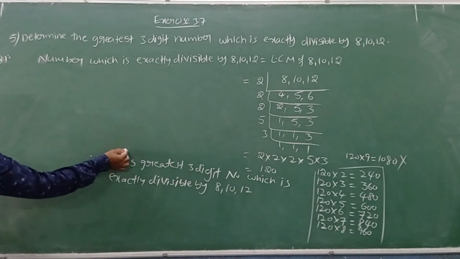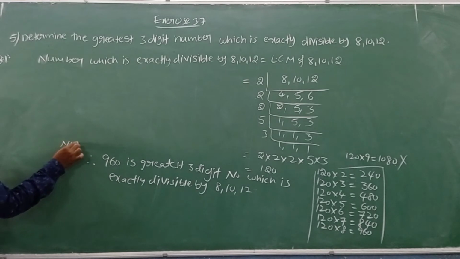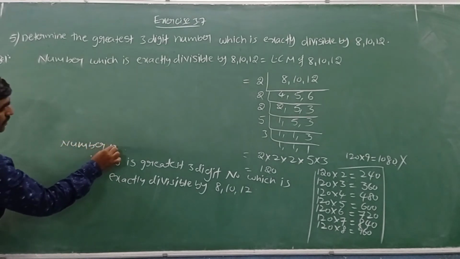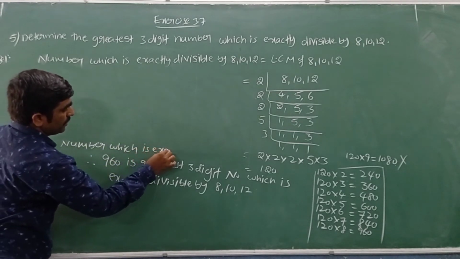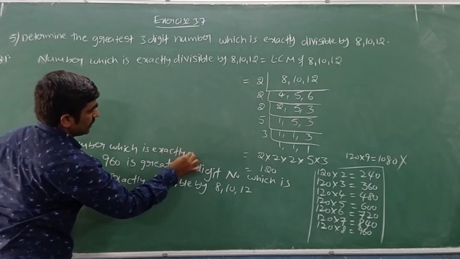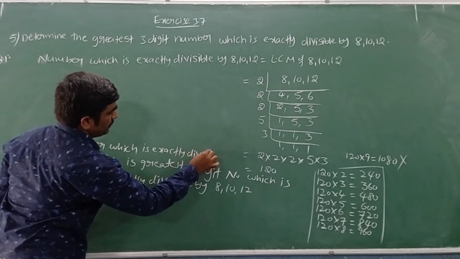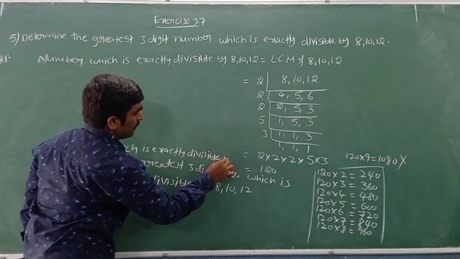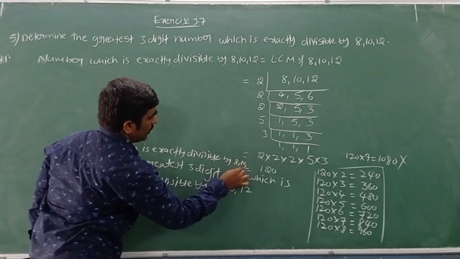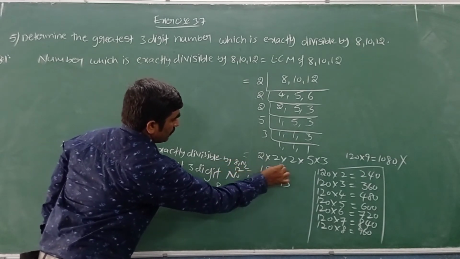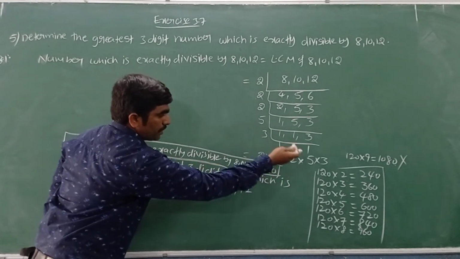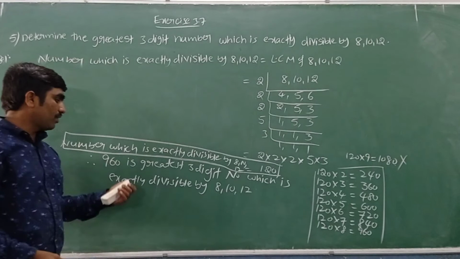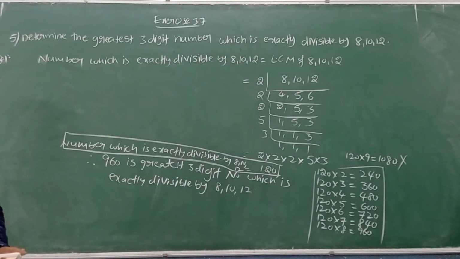So you can write here, sorry I forgot to write, number which is exactly divisible by 8, 10, 12 is equal to 120. Now, by writing its multiples only, I got the result. So this is the way you can find out. Hope you understood.